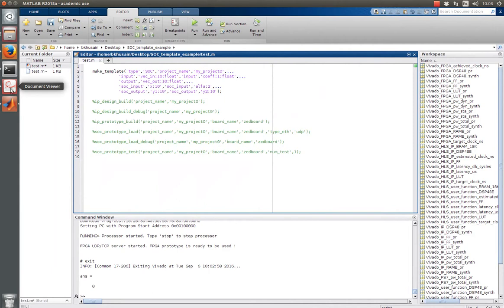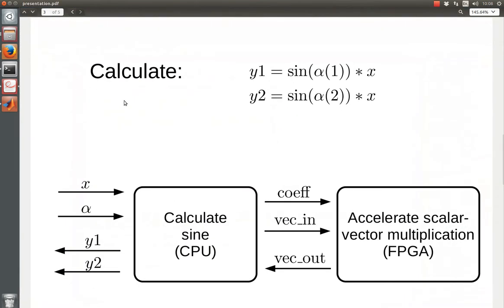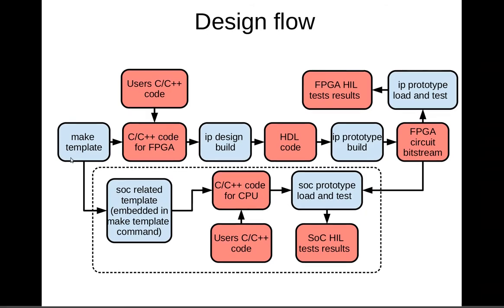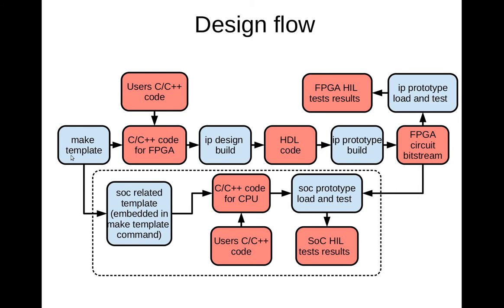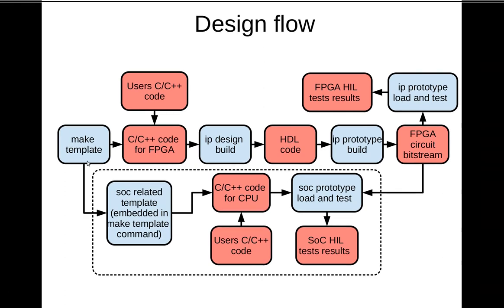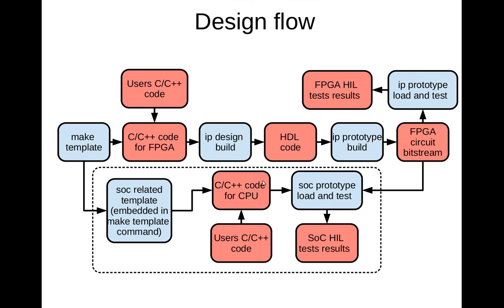Before starting the design process, we will go through the steps of the design flow. So firstly we will create a template, and calling this make template command will generate C or C++ template, so template for FPGA as well as template for CPU.